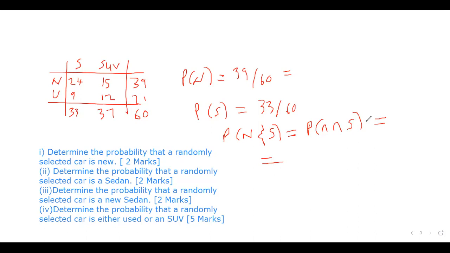N is 39. No, sedan. Somebody quickly. You can use a shortcut rule if you want.